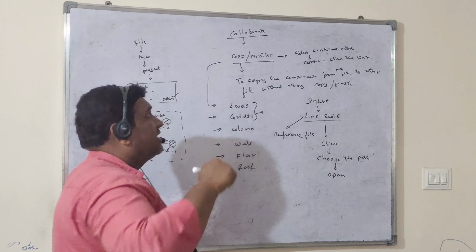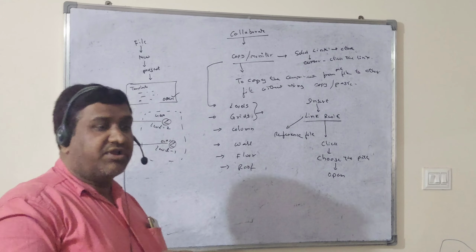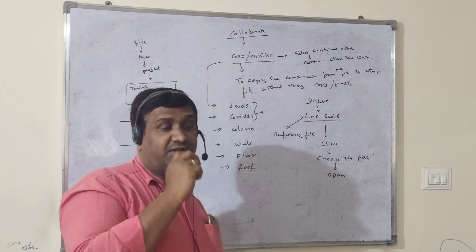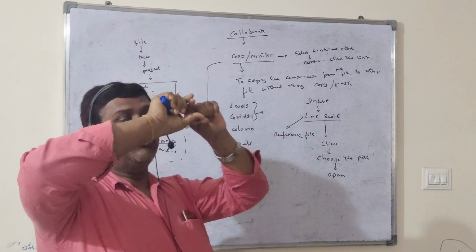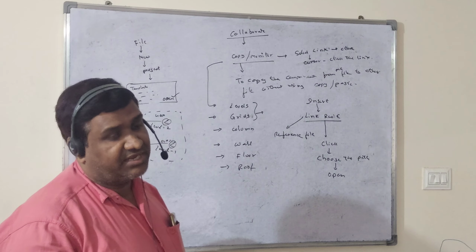Got it? If you go to the copy monitor and click it, there is an option, select link. You just click that select link. After clicking the select link, your cursor has to be on the screen. Wherever the model view is in your screen, you just click over the link file. After clicking the link file, automatically the toolbar menus are going to change.